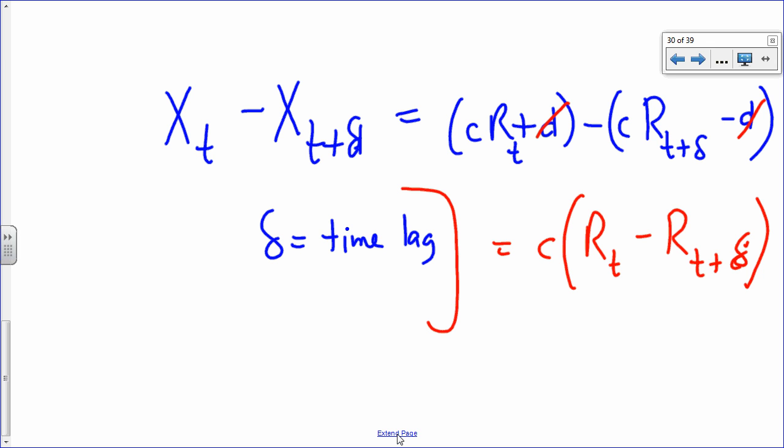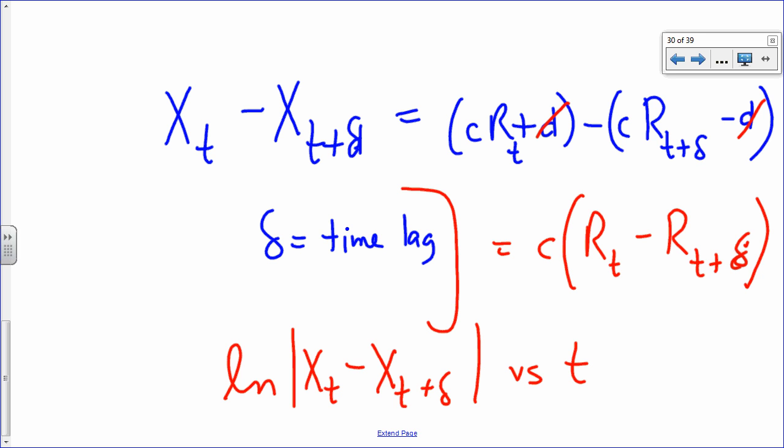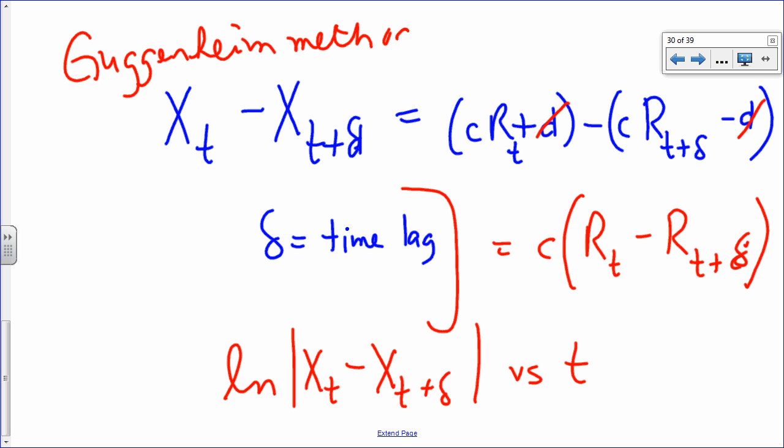Okay? And if you plot ln of the absolute value of x at t minus x at t plus delta versus time, you're going to get a straight line. So this is called the Guggenheim method. And you can prove this, and we'll do that some other time.